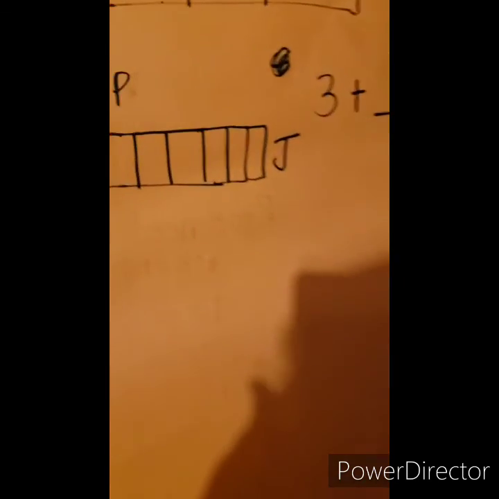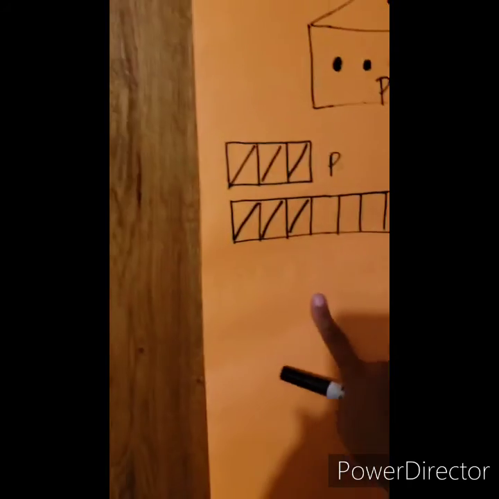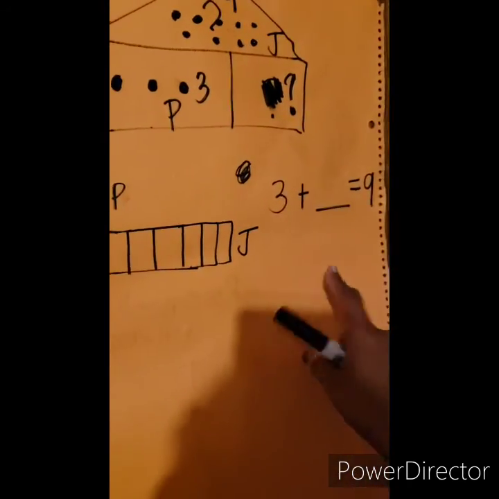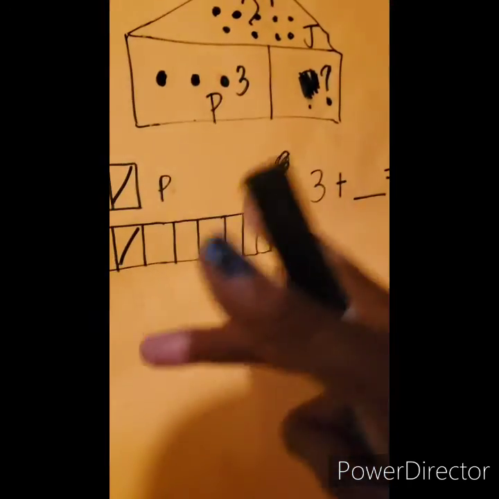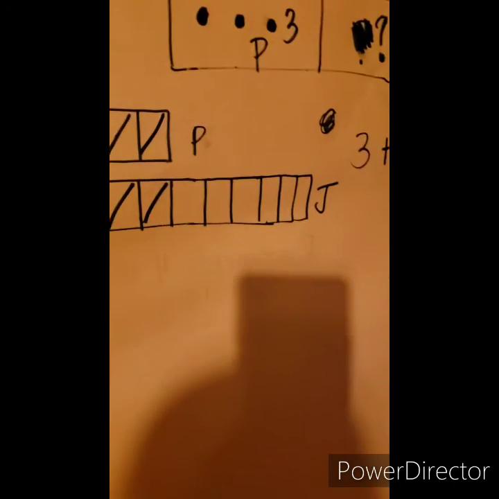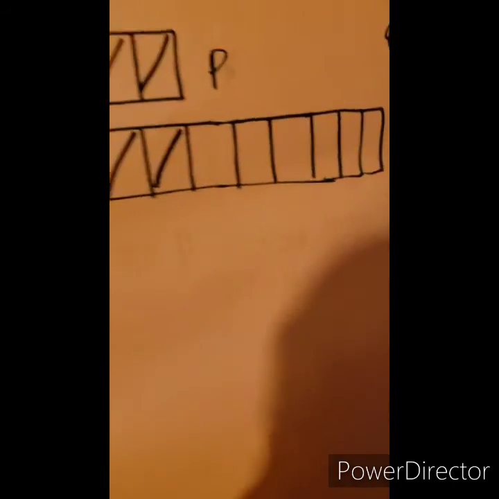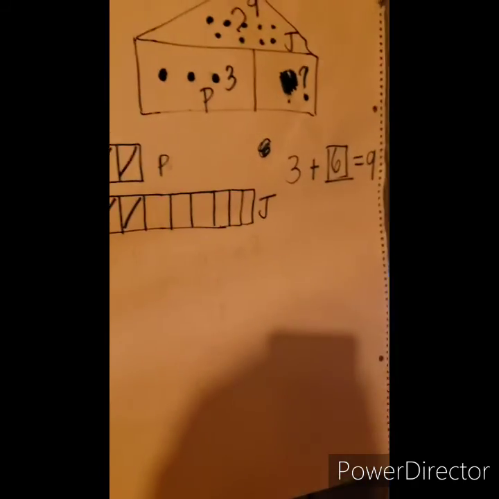And our mystery number, either we could do it this way, or we could always count up 4, 5, 6, 7, 8, and 9. That would make 6. So our mystery number would be 6. Okay, y'all get that, boys and girls? All right, so it says, how many more goats does Julio have than Peter? 6.